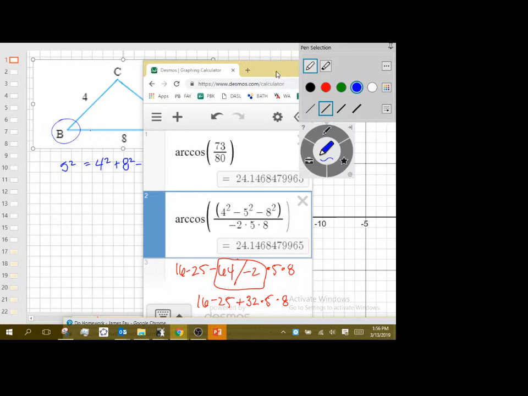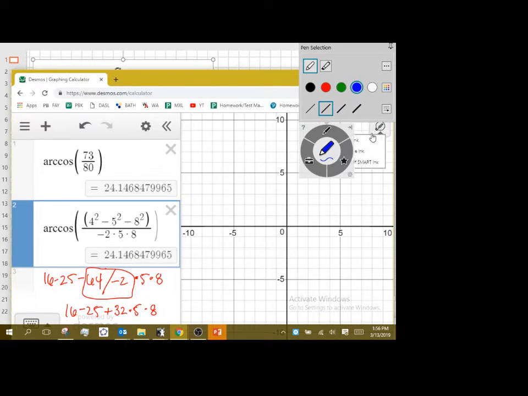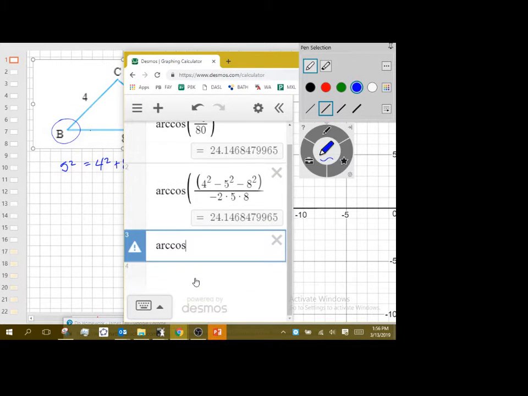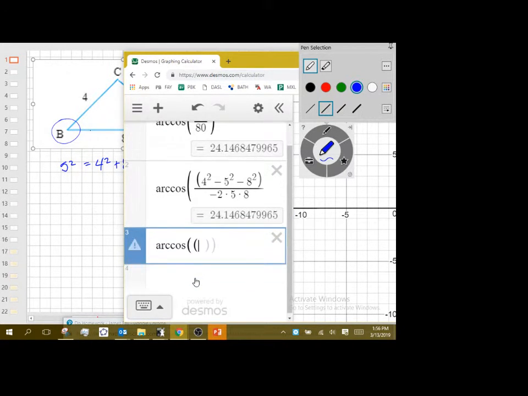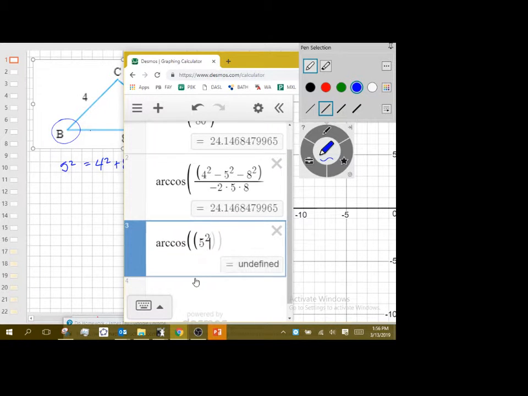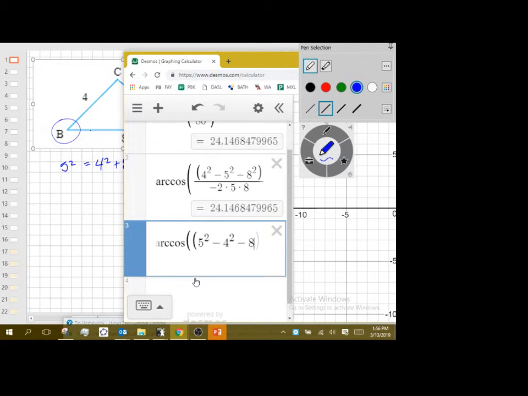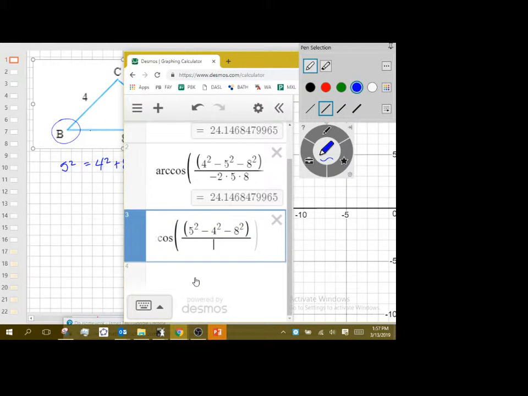We'd be looking at the arc cosine of 5 squared minus 4 squared minus 8 squared, divided by negative 2 times 4 times 8, right? And I would get that.